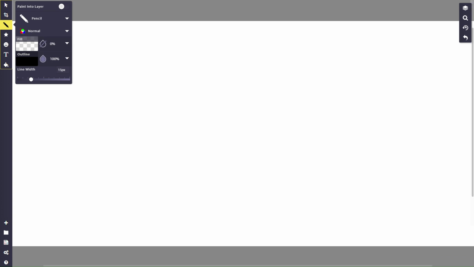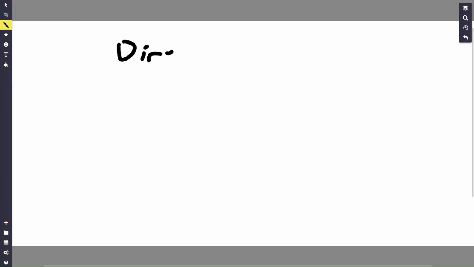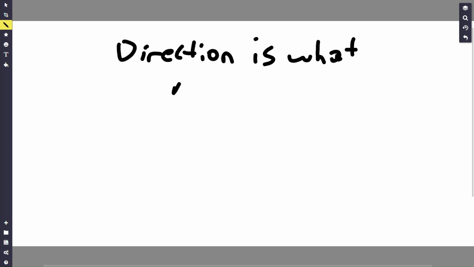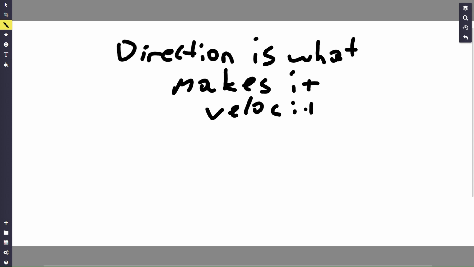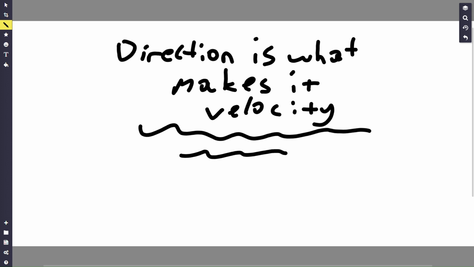The direction is basically what makes it velocity. Let me write it down here. Direction. And this is important too. You have to keep this in mind.